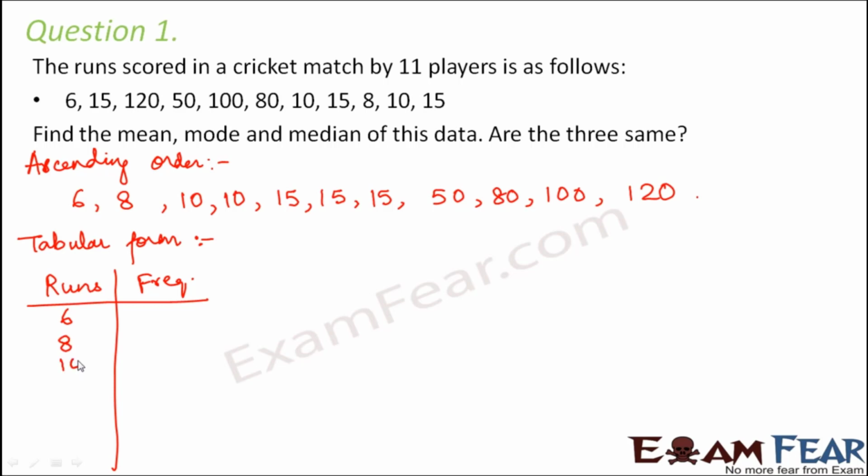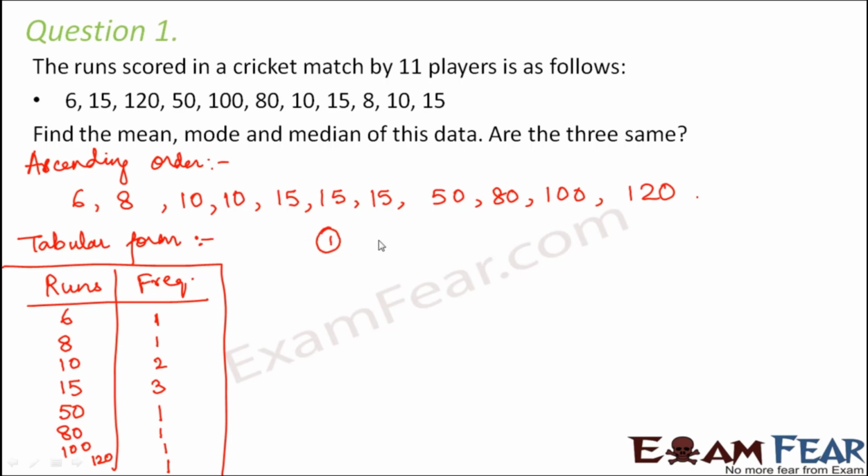Instead, we are just going to write everything once, but we will write their frequency. How many times is 6 repeated? 1. 8, 1. 10, 2 times. 15, 3 times. 50 again 1. 80 again 1, 100 is also 1 and 120 is also 1. So this is how we have established the frequency distribution table. So we have arranged the data in ascending order as well as in tabular form.